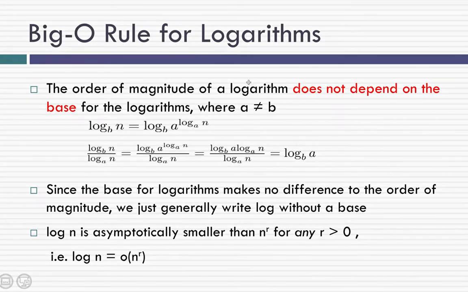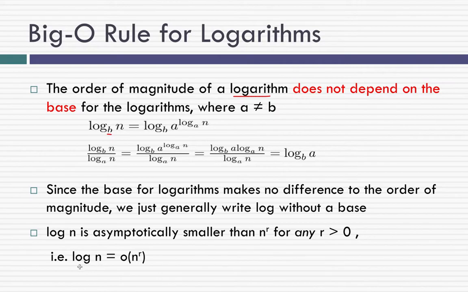Then for logarithms, here is some logarithm based computation. If you are not very familiar with what this formula shows, what it basically says is: ignore the base of a logarithm. If a log has base b or a or n, it doesn't matter, simply ignore that. That's the general rule when you deal with logarithm time complexity.